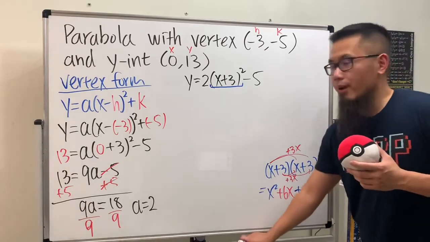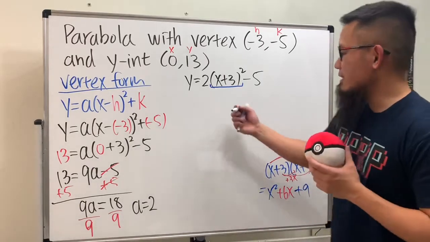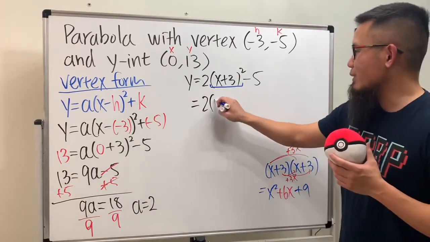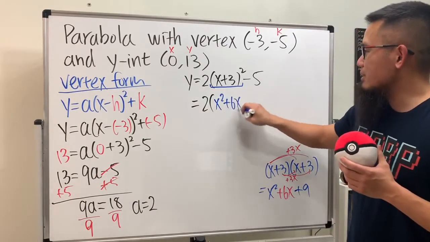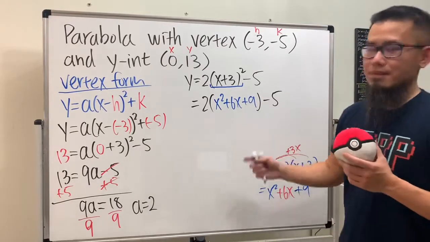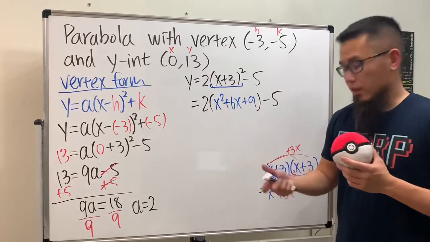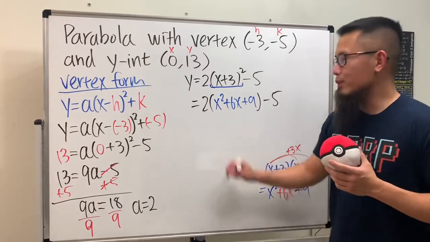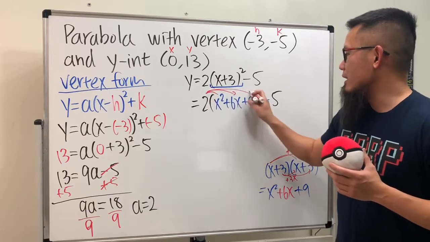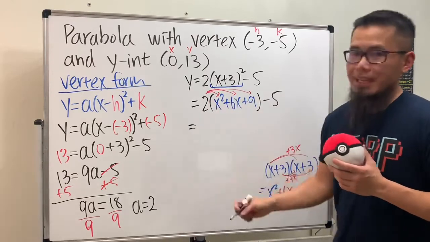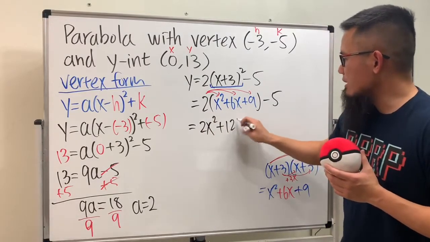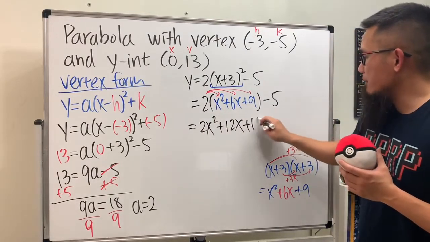Good. Okay, so now we can come back here and say this is 2 times all that stuff, which is x squared plus 6x plus 9, and then minus 5. Right? This thing squared is equal to that. Well, finally, we just have to distribute the 2 and then combine as much as possible after that, right? So we see this right here is 2x squared, and then this right here is plus 12x, and then this right here is plus 18.